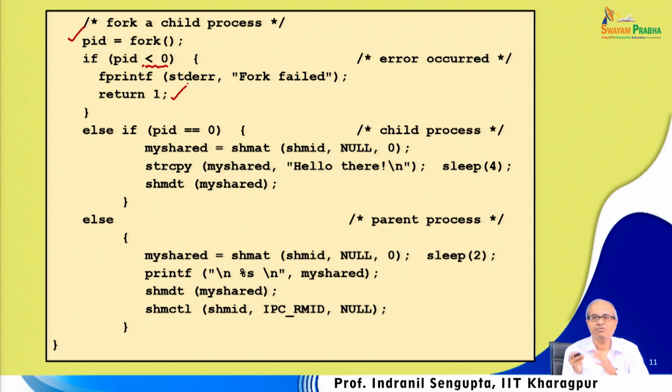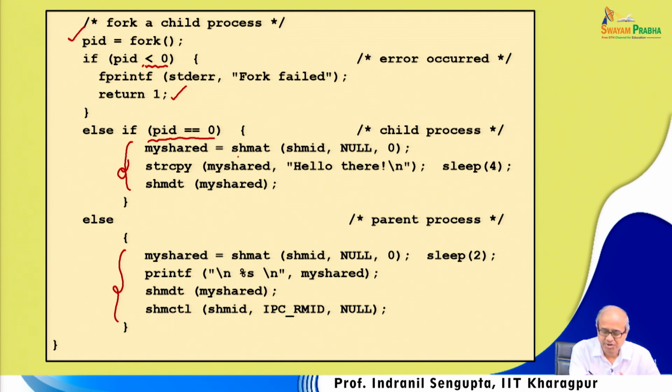Otherwise, you check whether it is the parent or the child. If pid is equal to 0, it is the child, then you do this. Otherwise, pid is not 0, it is the parent, and you do this. In the child, just for the sake of illustration, we are attaching the shared memory segment, and the address is my shared.